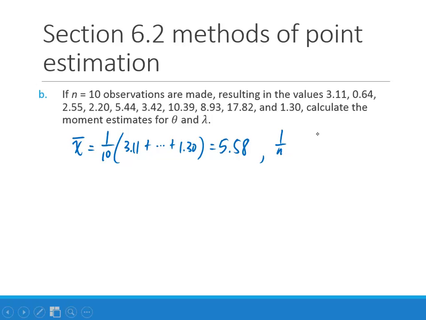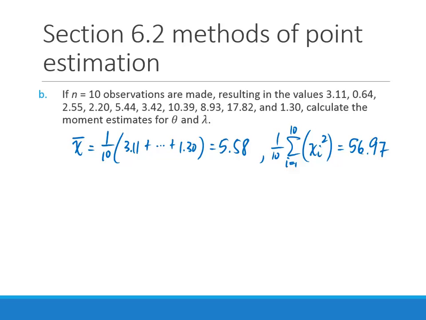That's the average of these squared observations, the individual xi squared. If you do that for those 10 numbers, that's 56.97. So here n is 10. I just want to point out that once I have data, I can actually calculate what those things are.